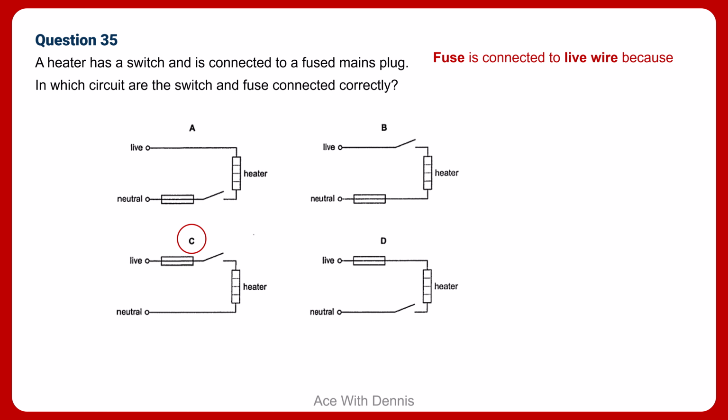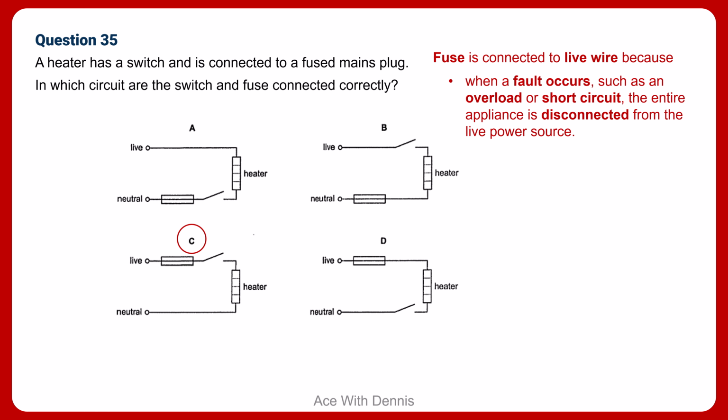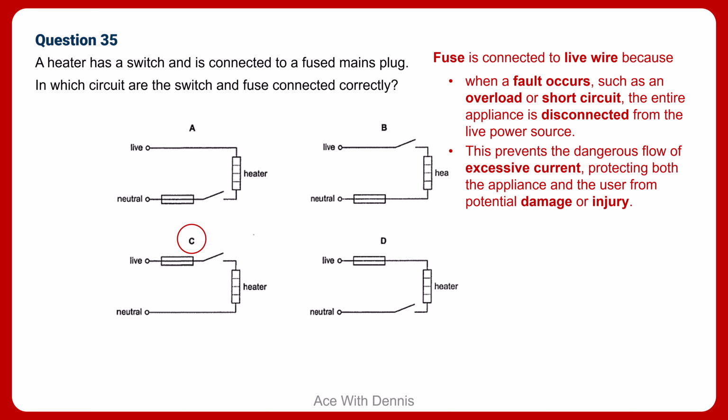Now, why is the fuse connected to the live wire? This is because when a fault occurs, such as overload or short circuit, the entire appliance is disconnected from the live power source. This can prevent the dangerous flow of excessive current, protecting both the appliance and the user from potential damage or injury.